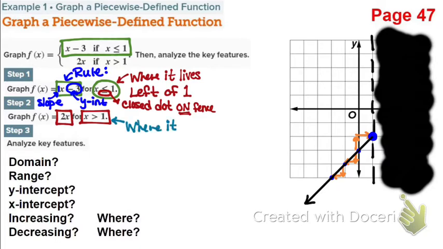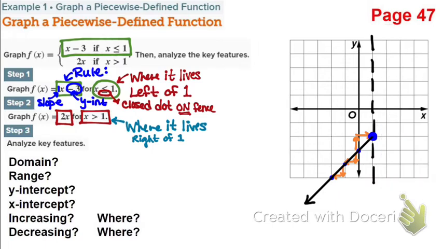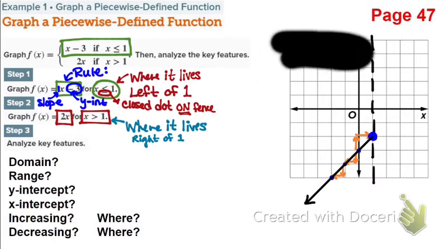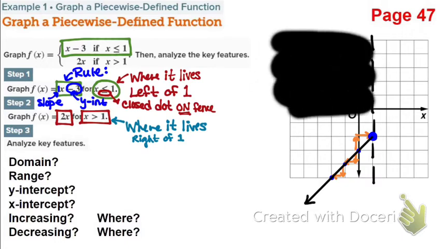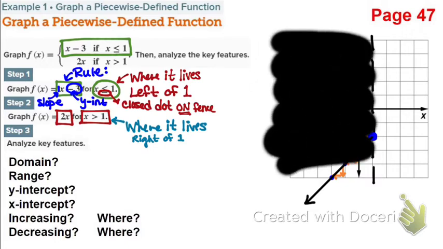Where it lives on the right of 1. So I'm going to get rid of this. I only want to be looking on the right side now. So just for right now, I'm going to cover this up with my hand or a Post-it note so that I can look just on the other side.